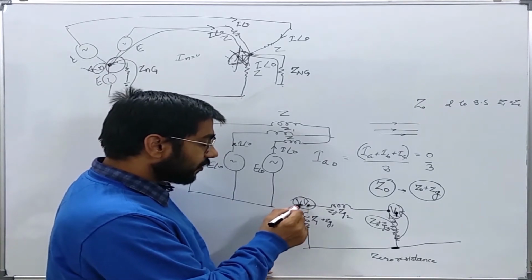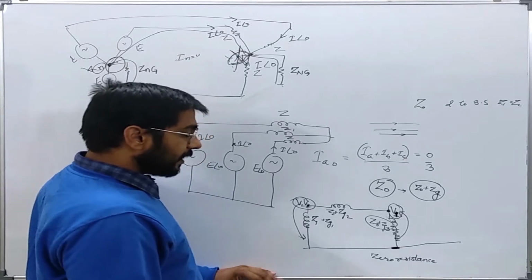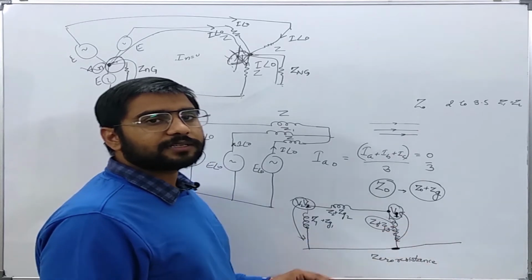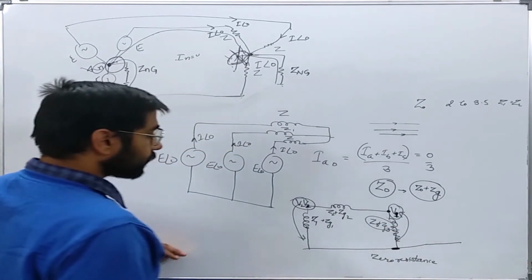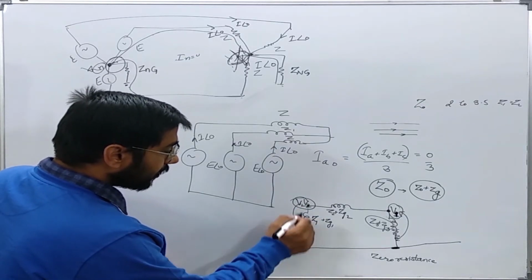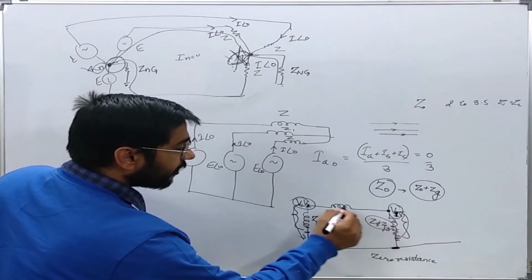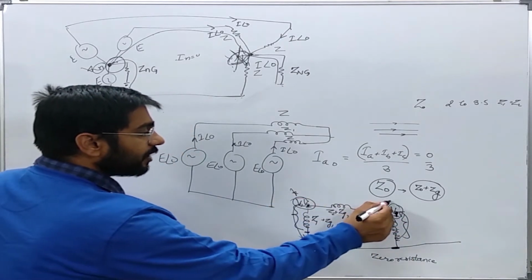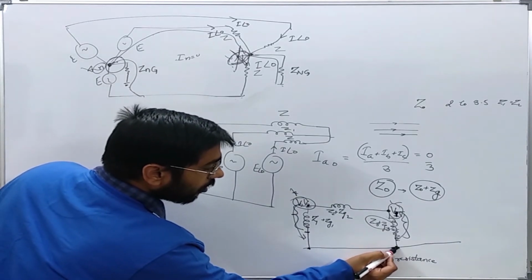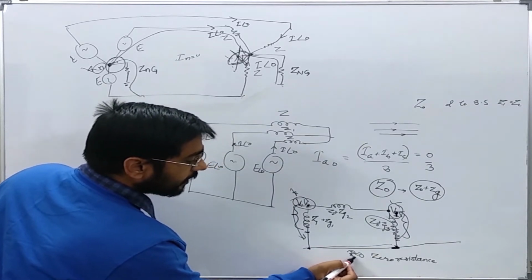It will give the potential of this point with respect to ground. So in this way, this is the reference for the zero sequence network. Now this voltage can be different and this voltage can again be different. So these two voltages can be different. However, this point is at the same potential as this point. This conductor has zero impedance or resistance.